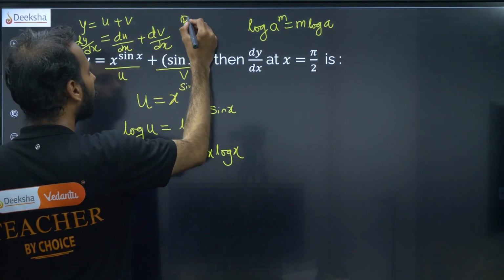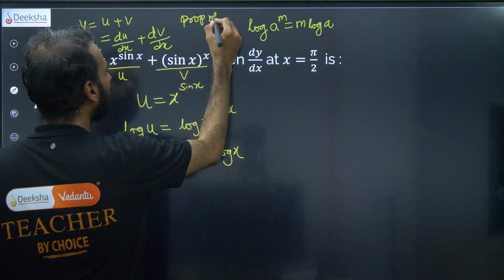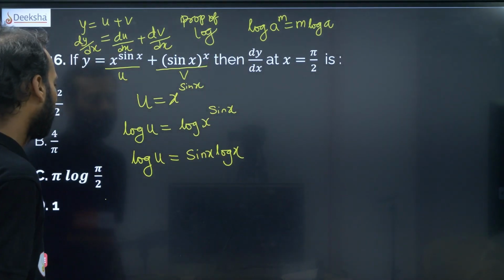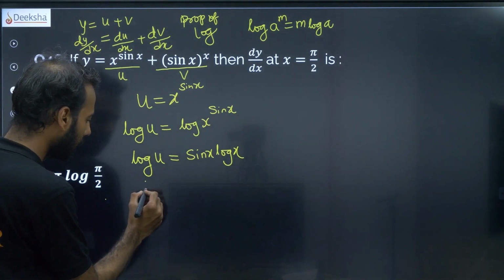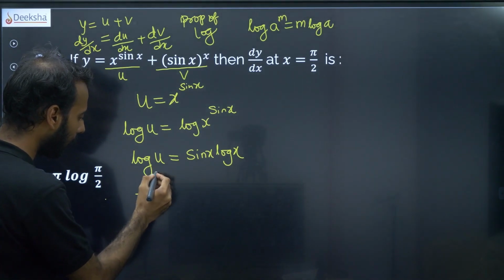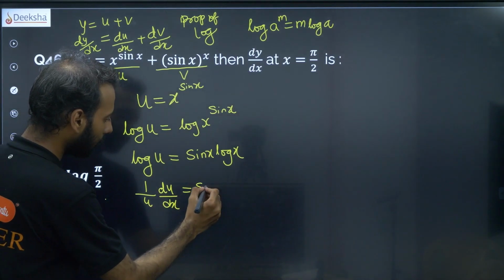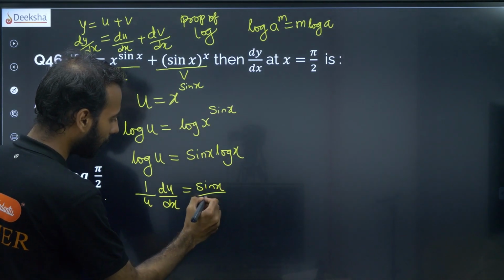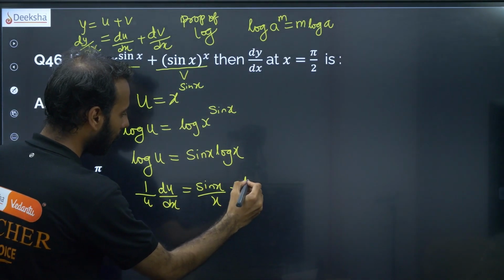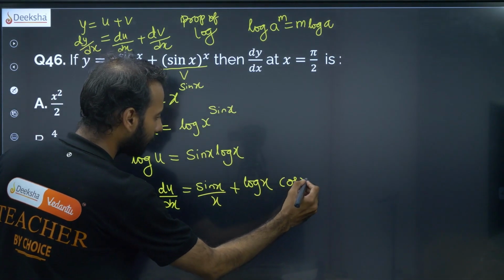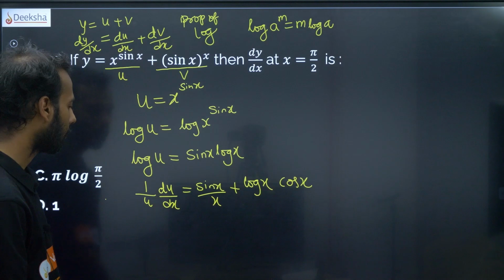Properties of log. Now differentiate log u, which gives 1 by u du by dx. On the right, sin x into 1 by x plus log x as it is, and if you differentiate sin x, you will get cos x.